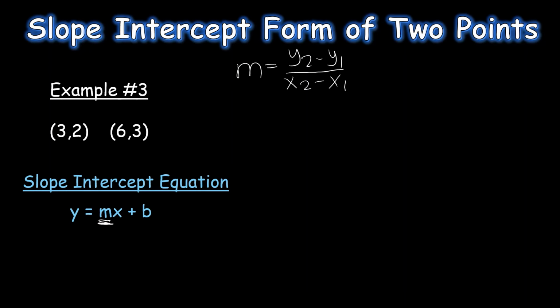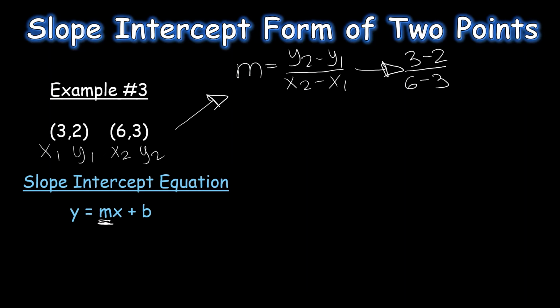And we label our given points, so 3 will be x1, 2 will be y1, 6 will be x2, and 3 will be y2. And we just plug it in here. So that means we will get 3 minus 2 over 6 minus 3. And then we calculate that to get 1 over 3. So our m value will be 1 over 3. Our slope will be 1 over 3.